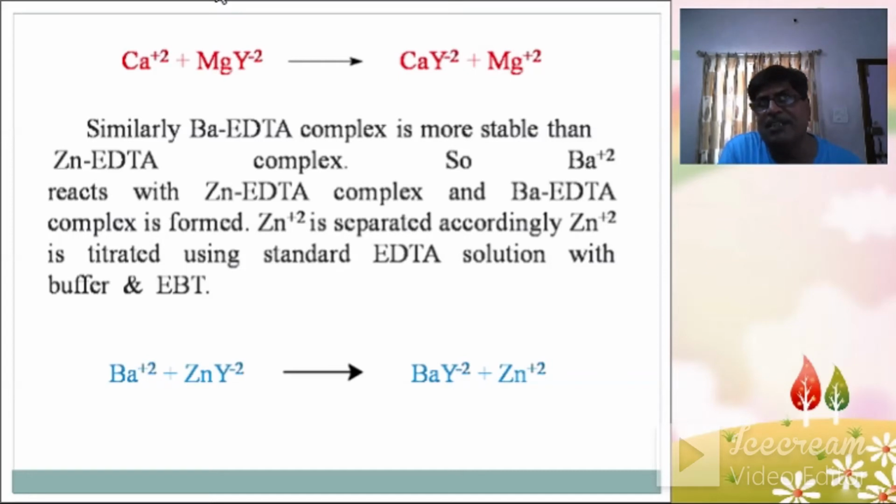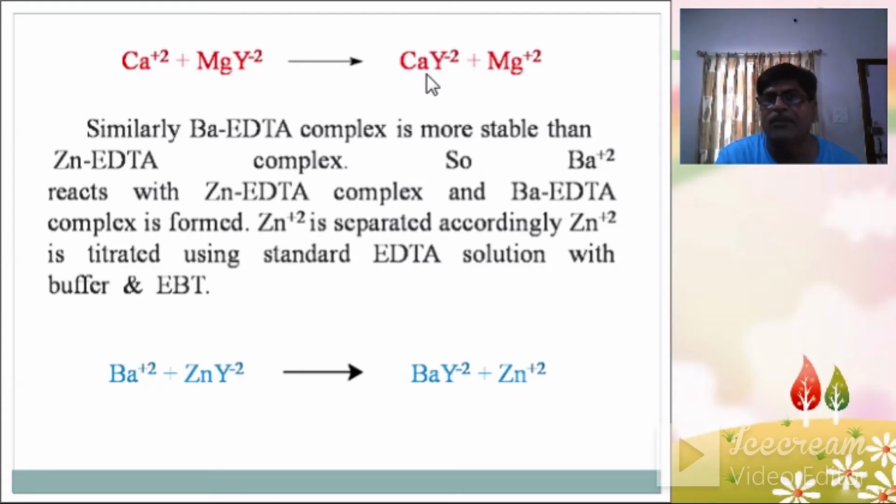Similarly, when calcium reacts with a standard solution of magnesium EDTA, magnesium equivalent to the calcium metal ion is set free stoichiometrically. Similarly, barium EDTA complex is more stable than zinc EDTA complex.